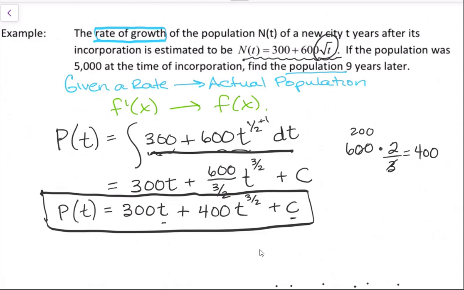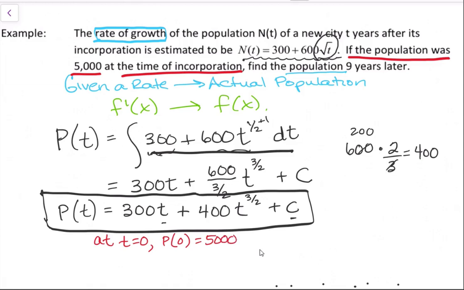So we know from this problem that the population was 5,000 at the time of incorporation. So we know that at time 0, the population was 5,000.